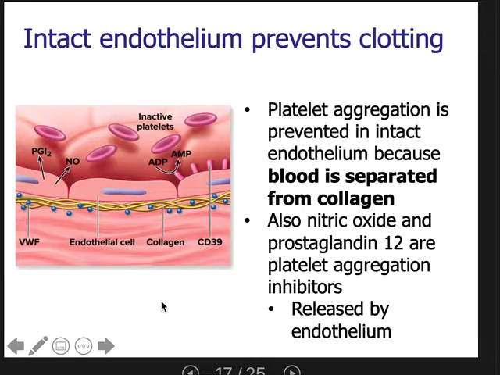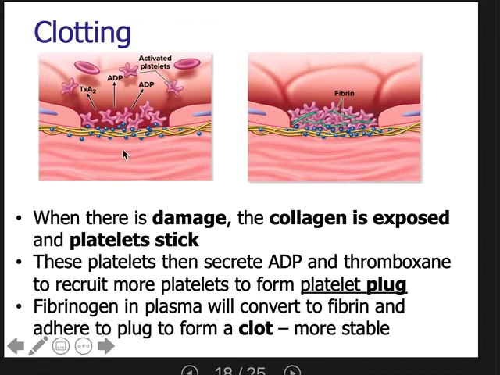Okay, so now clotting. Some of your endothelium has been removed, it's been damaged, and now your platelets are able to come into contact with the collagen. Where there is damage, the collagen is exposed, and now your platelets are going to stick, and that's going to cause them to become activated.